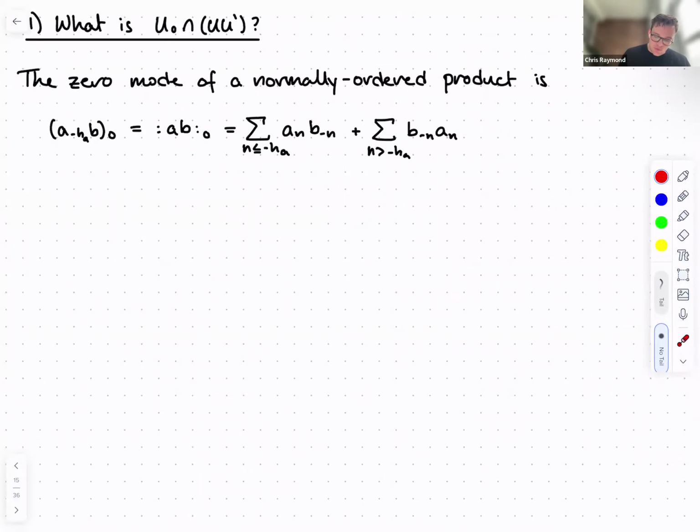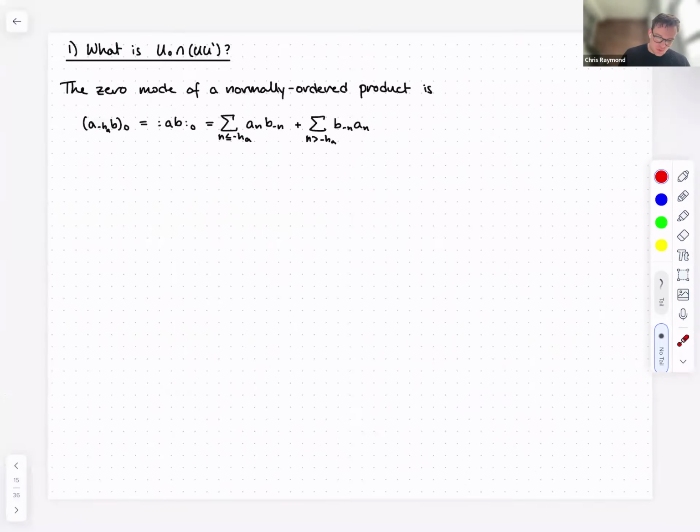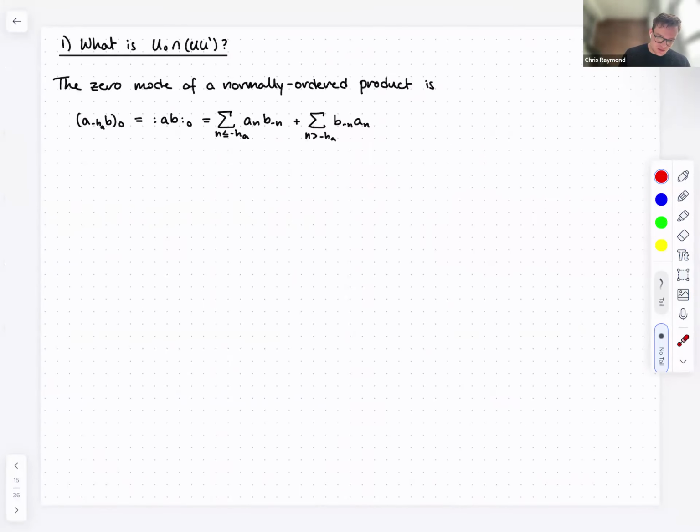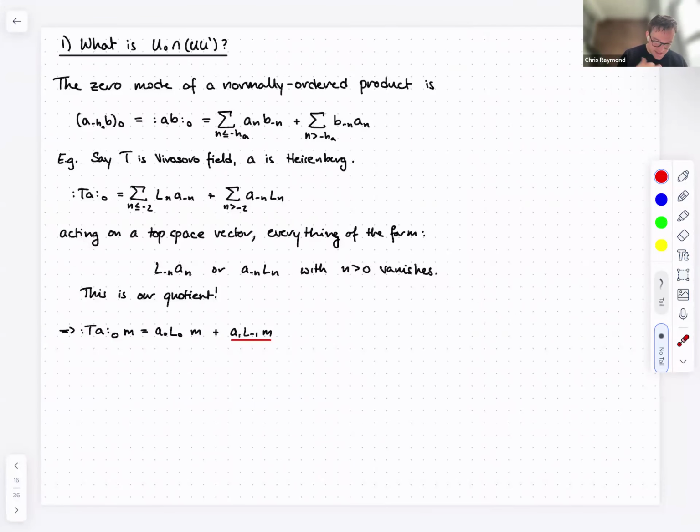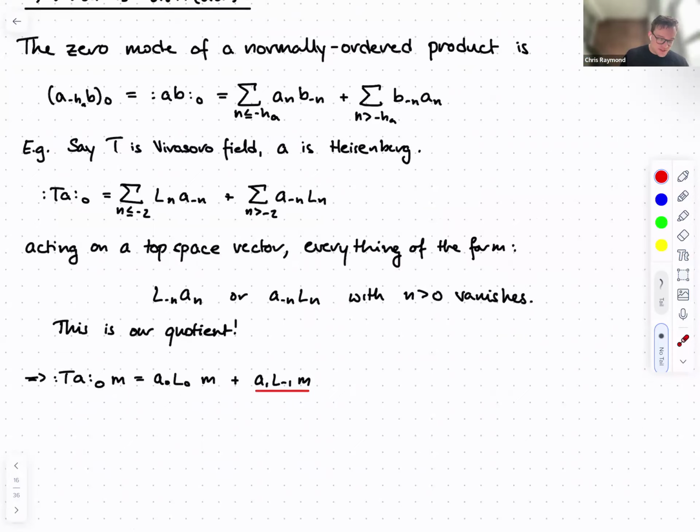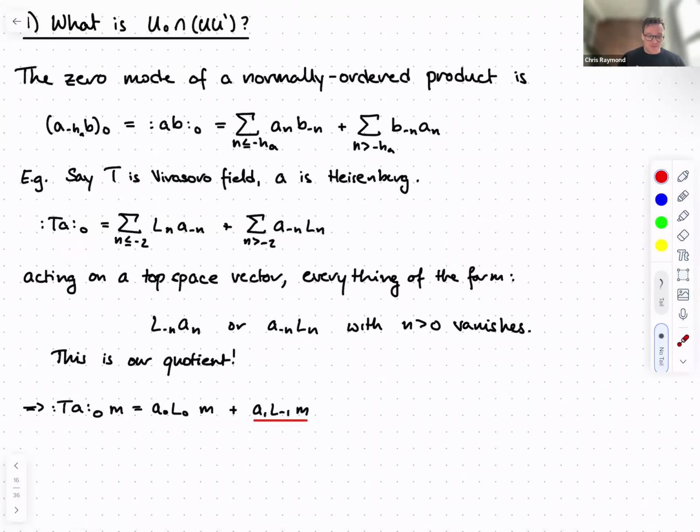Now, we can make this a little bit more concrete. Maybe we try to do that. Let me just zoom out a little bit. There we go. Let's take some really nice example. Let's say T is, for example, a Virasoro field, and A is, for example, a Heisenberg field. So I want to try and evaluate some nice expression like this. Then I have some very concrete sum. I can write this whole thing out. I have L_n A_{-n}, I have A_{-n} L_n, I have some splitting point that depends on the conformal weight of my left vector.